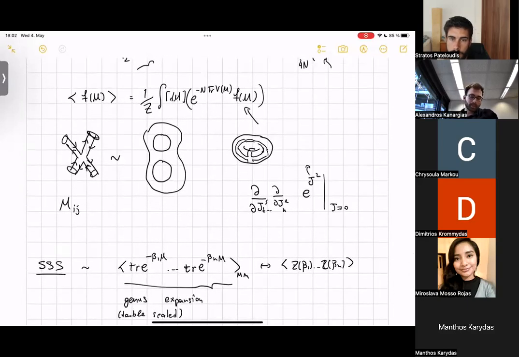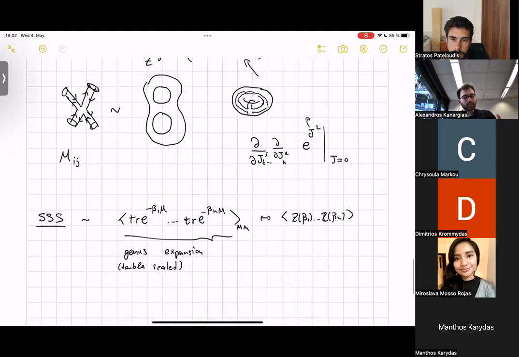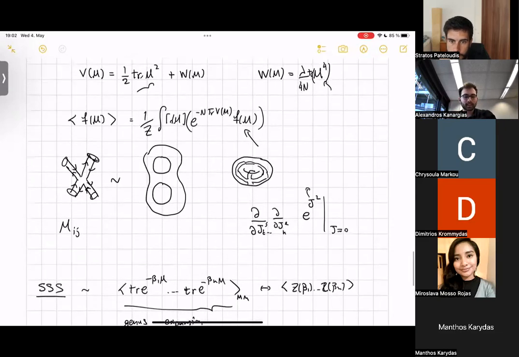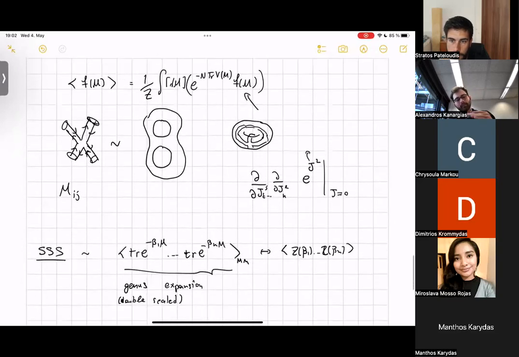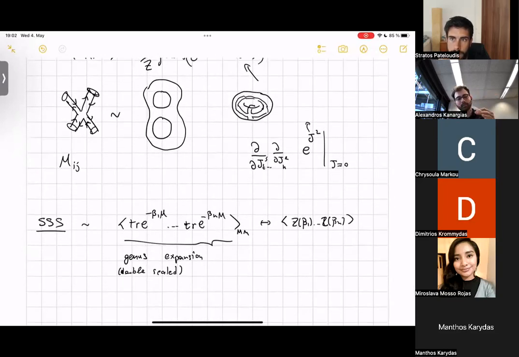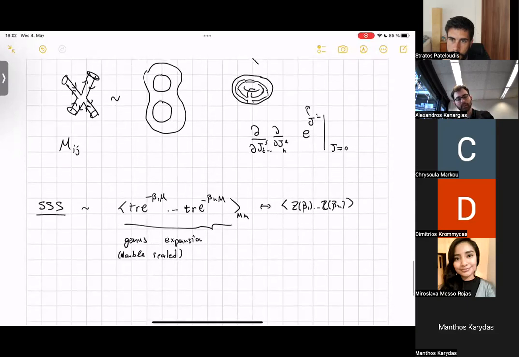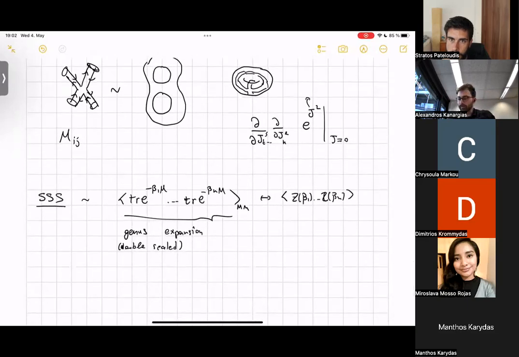This is the basic matrix model, but there's also something called double scaled, where you take a limit in which N, the dimension of the matrices, becomes very large, and you tune the potential that I wrote here in a way that is suitable in this case. So it's a certain limit of the parameters of a Hermitian matrix model.